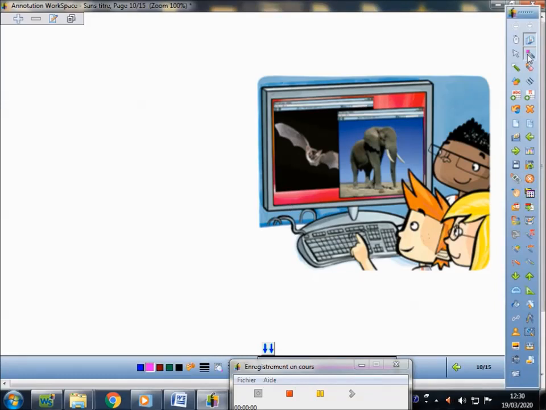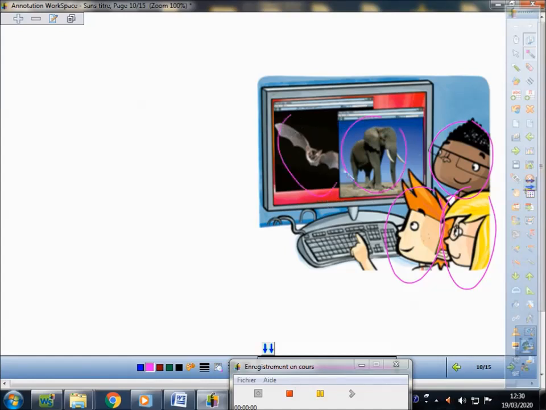What do we have? We have three characters: Simon, Stella, and Lenny. What are they doing? They are looking at the computer screen. What do they see? They see two animals, okay? What do we call this animal, children? I give you time to remember the name of this animal.